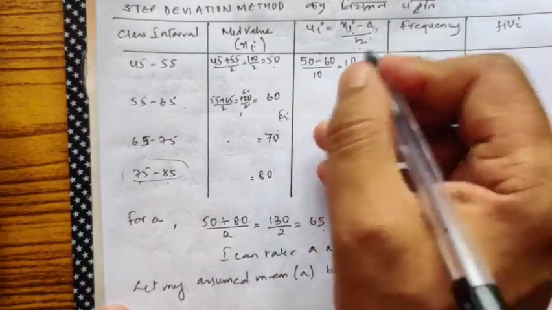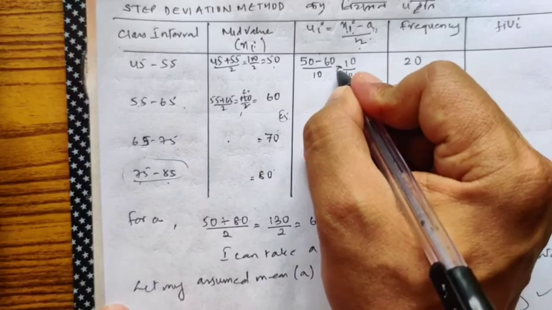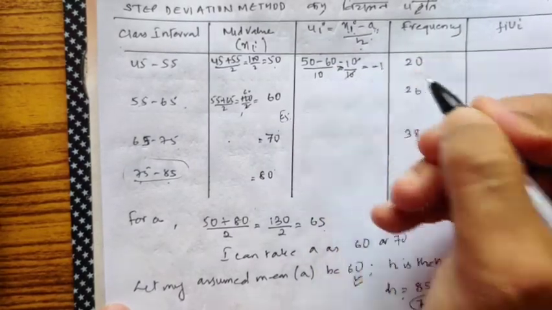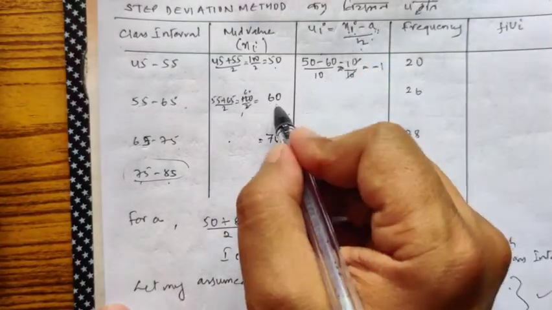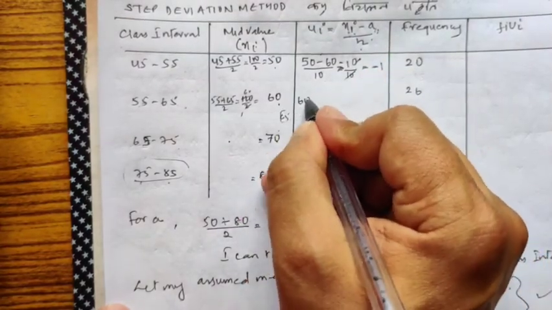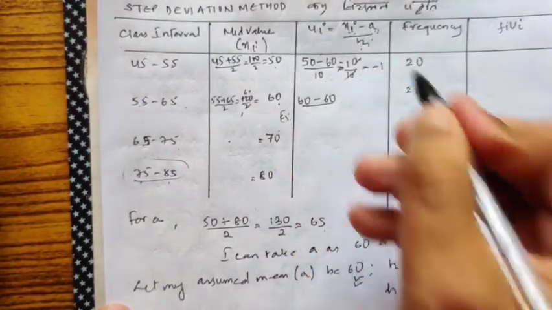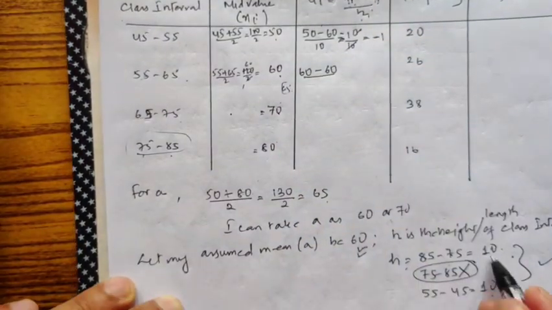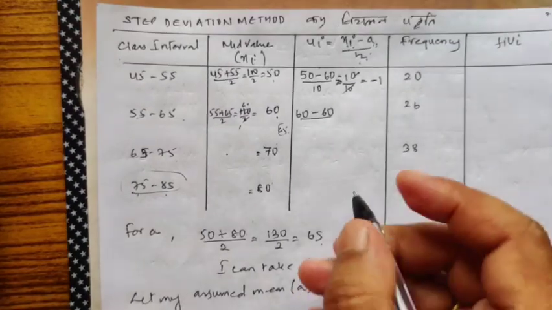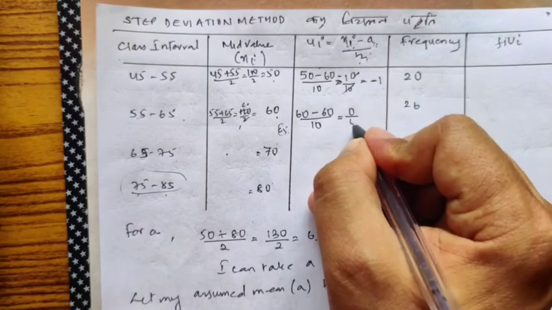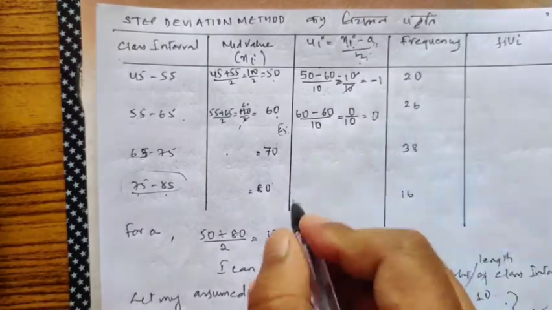So 50 minus 60 is 10, but the minus sign is with the larger number, minus 1. Again, what is your xi? 60 minus, what is your a? 60. But what is your h? I've told you what is your h. Just write 10, which means 0 by 10, which is 0.